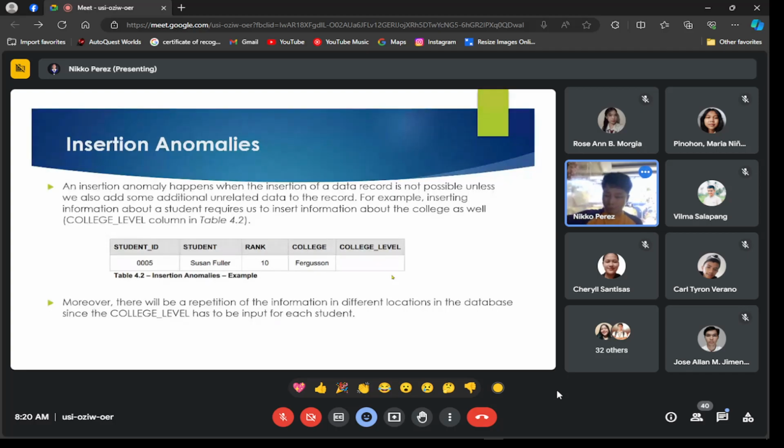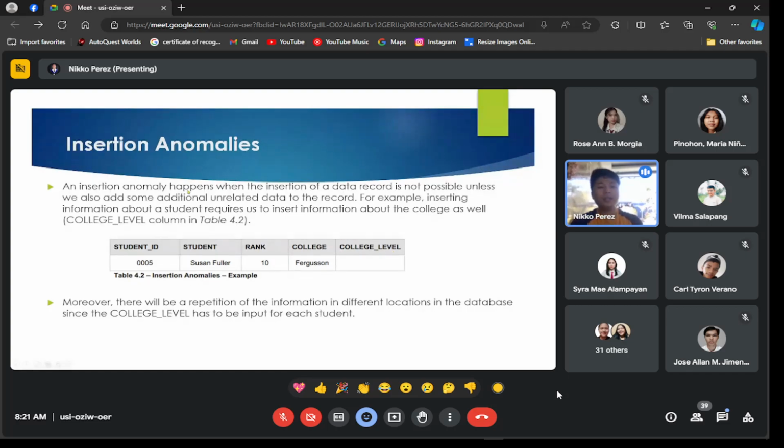So the subject will be also extended on this table, and then the student should have to fill in all those subjects wherein dili na niya responsibility to fill in all those subjects, right? So yeah, that's how insertion anomaly becomes one of the problem of our database. Now, I hope that's clear for the insertion anomaly before we will proceed with our next slide.